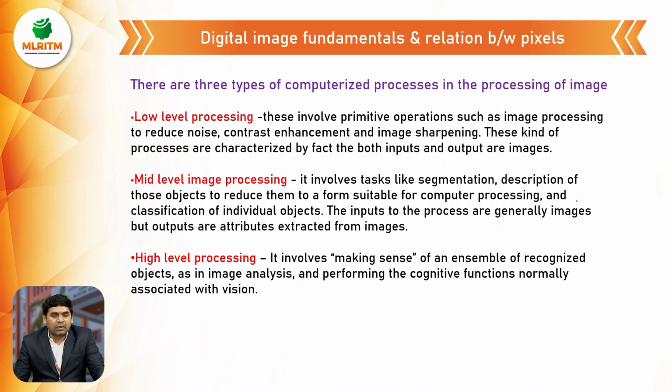Features are given on the input side, such as the shape is a circle and the radius is some scalar value. So the output we get is that it consists of a ball. Like that we can get an output, which is high level processing. These are the three types of image processing.